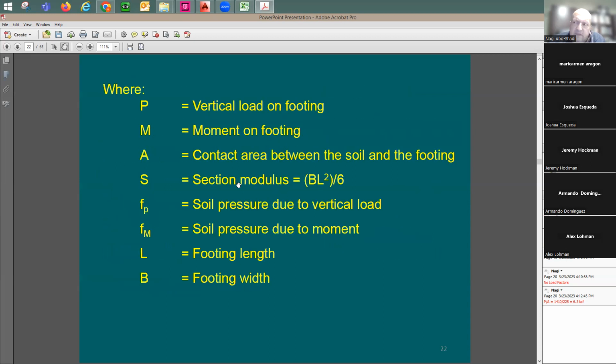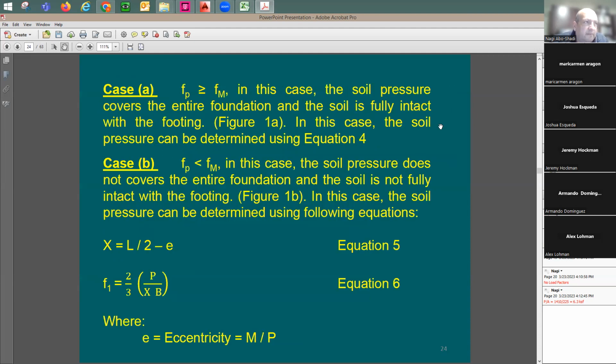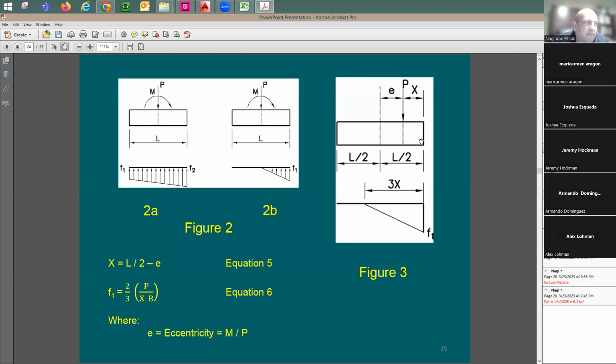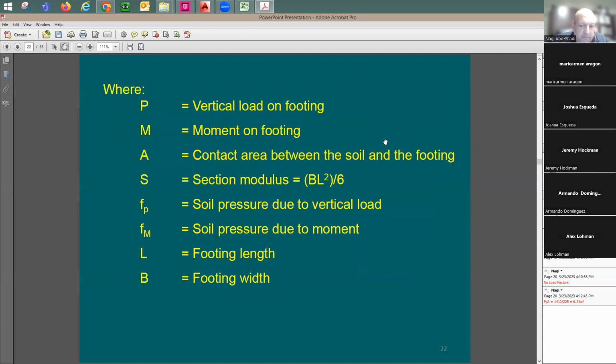S is going to be the section modulus of this contact area. So in the previous example, just to confirm my understanding, A equals 15 by 15, 225 square feet.